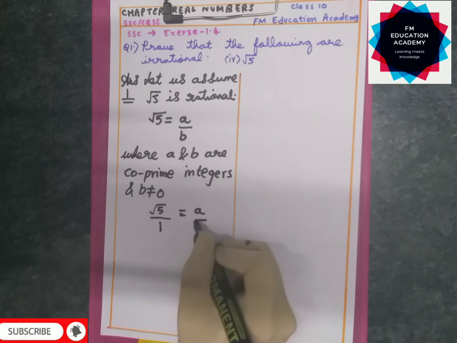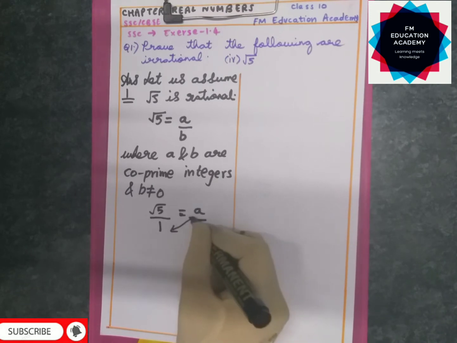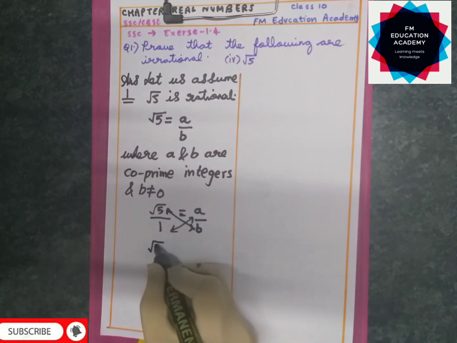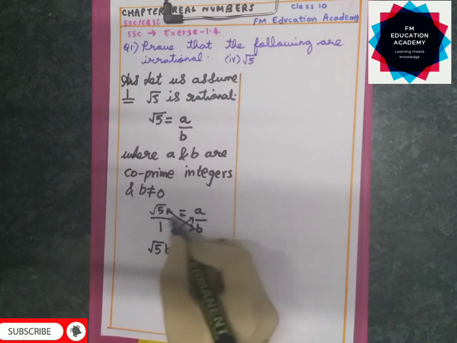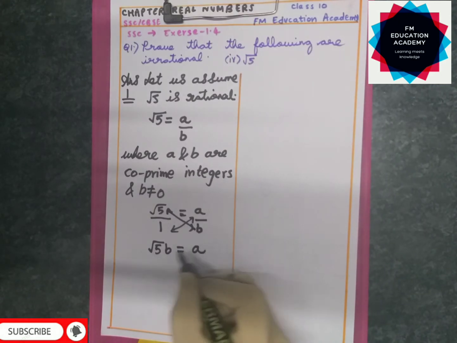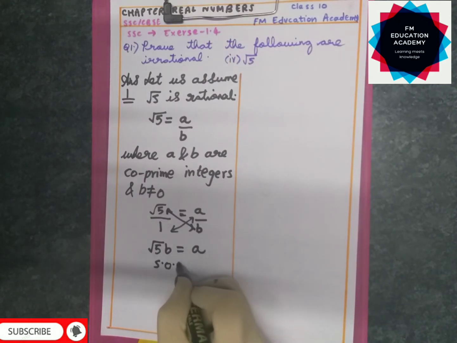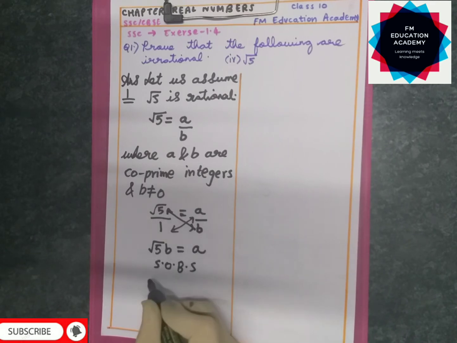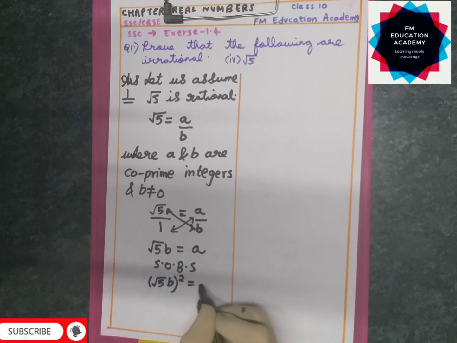Now I will cross multiply on both sides. So root 5 into b will become root 5b and a into 1 will become a. Now I will square on both sides. If I square on LHS, then I should square on RHS also. So root 5b whole square is equal to a square.